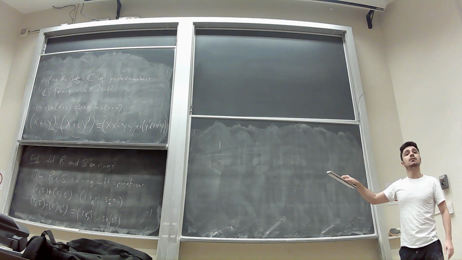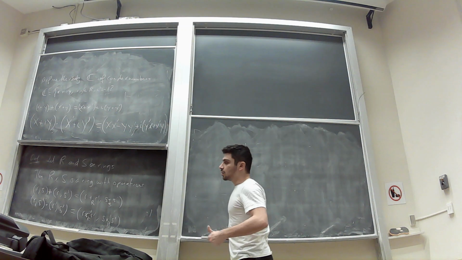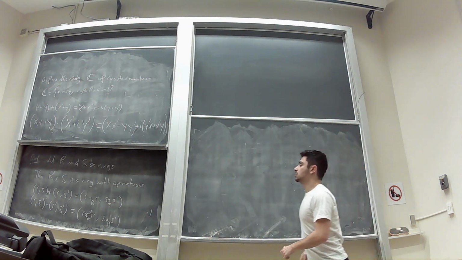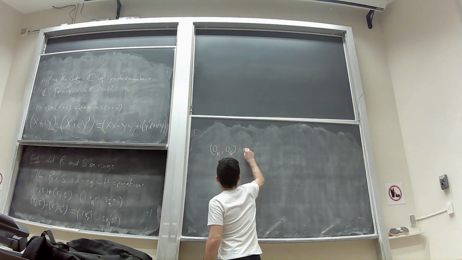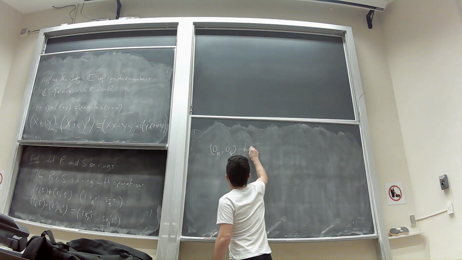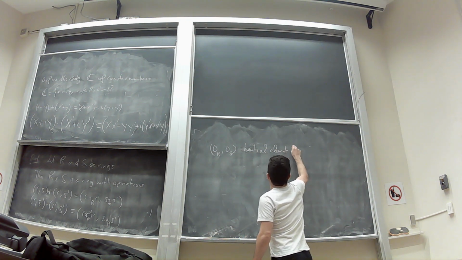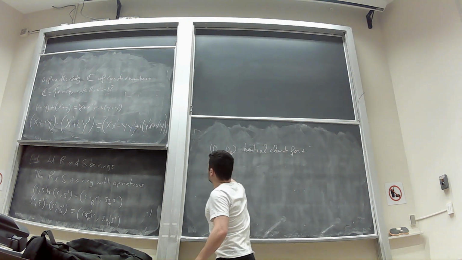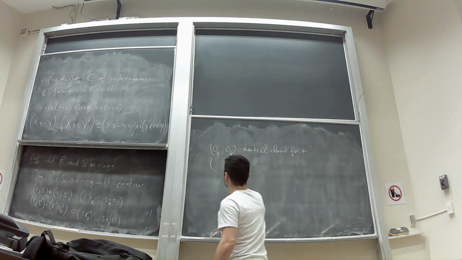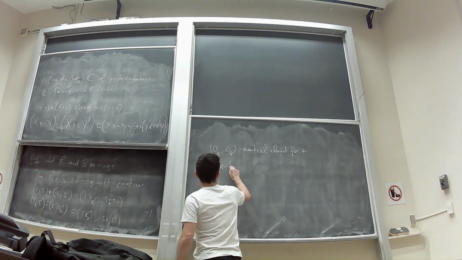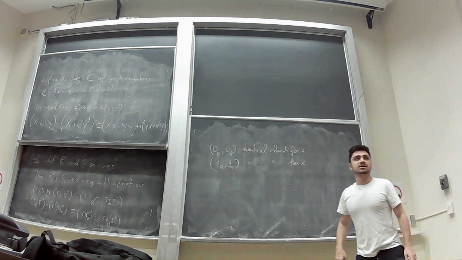Identity of R, identity of S. Exactly, so it's 0R, 0S, the identity, or neutral element, for plus. And what is the identity element for multiplication? Yeah, 1R, 1S, the neutral element for times.